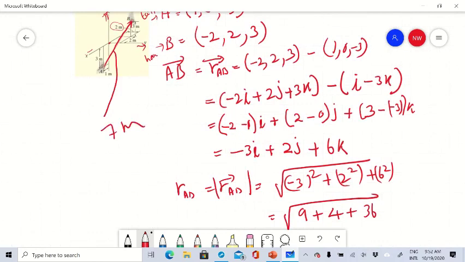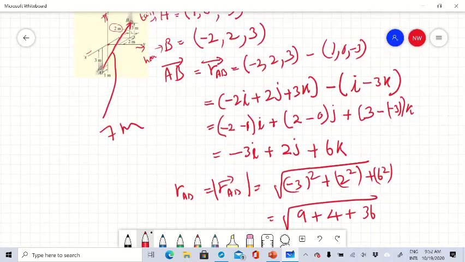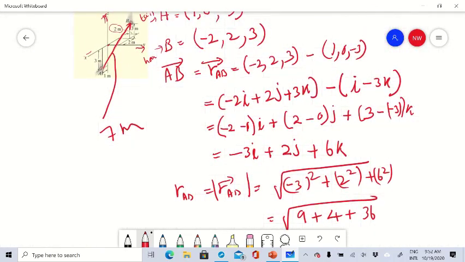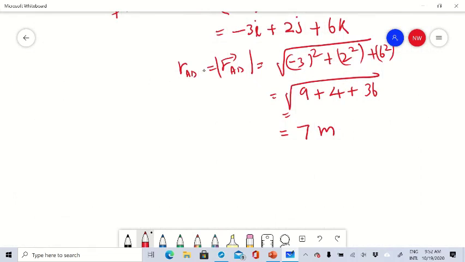Now we want to find the direction of the vectors, right? So if we find the unit vector along this one, we can say the direction, right? So what is the unit vector along the AB? We say it is UAB. If we find UAB, then it is vector AB divided by the magnitude of the vector AB, right?